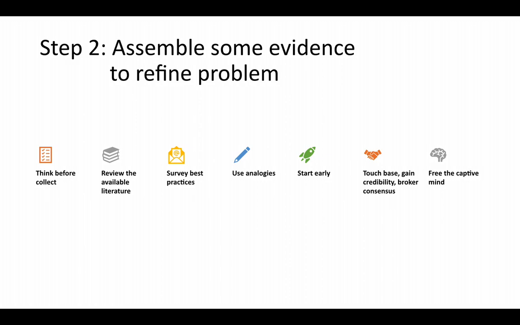You need to gain credibility and broker consensus and free the captive mind, which means some out-of-box thinking, right? As I said, you may find the best practice actually is in other fields, not to be bounded by education if you are interested in education.